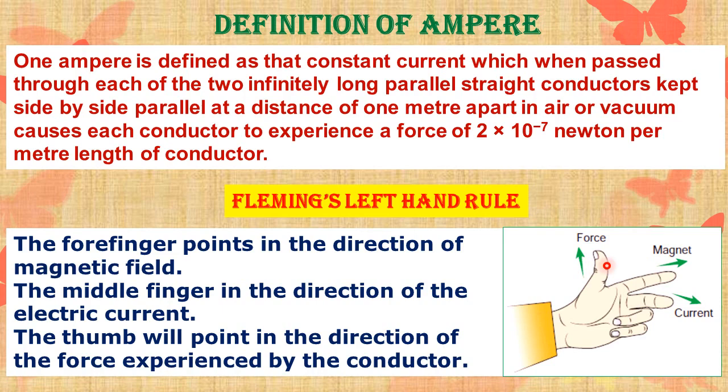If the forefinger points the direction of the magnetic field, the middle finger is in the direction of the electric current, and the thumb will point the direction of the force experienced by the conductor. You can see this forefinger points the direction of the magnetic field, and the middle finger points the direction of the current, and the thumb shows the direction of the force.